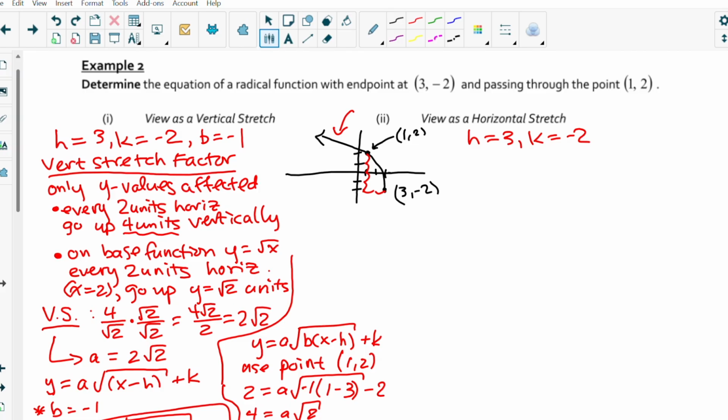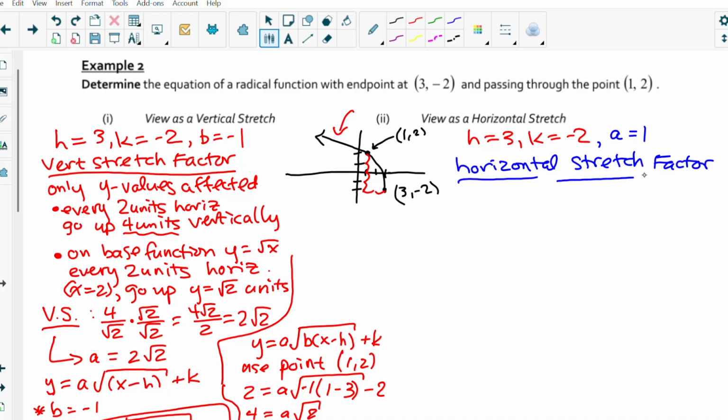Let's do the transformation viewed as a horizontal stretch. This one I'll throw in. A value is 1. I've not done any kind of reflection across the x-axis. So let's think about our horizontal stretch factor.